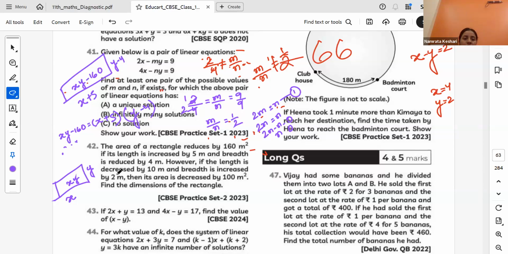This is one equation. You have to simplify this equation. Please simplify it and tell me what is actually your equation. On the left side you have xy minus 160. On the right side you have in one bracket length, another bracket breadth. Just apply the distributive property, open the bracket and tell me the normal basic form of the equation.